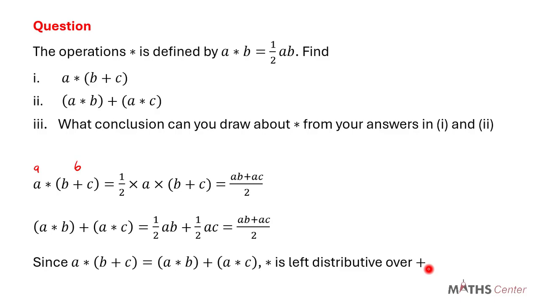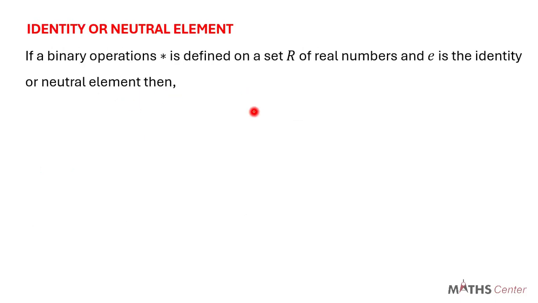We have considered two examples on the distributive property. Let's move on to the next property, which is the identity or the neutral element.